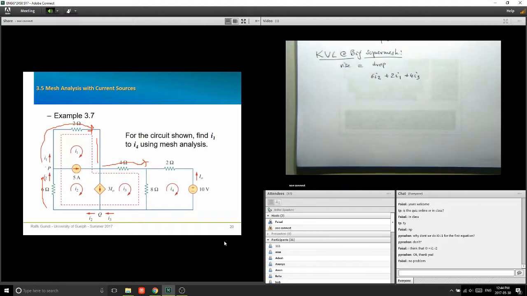And then I have to go from here to here. Now this thing, look at that. I have a drop here through my 8 ohm. And that drop is going to be equal to 8 times the current flowing downwards, which is 8 times I3 minus I4.